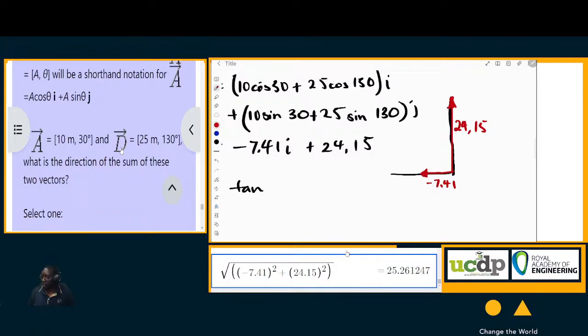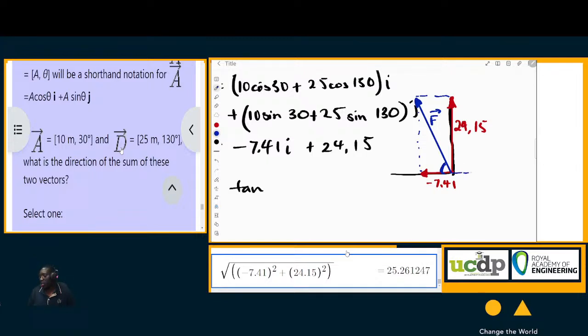So now you can get your resultant by doing that. Then your resultant is at that angle there. Okay, an ugly line, but it's okay. So this is our resultant, F. And F is at an angle.